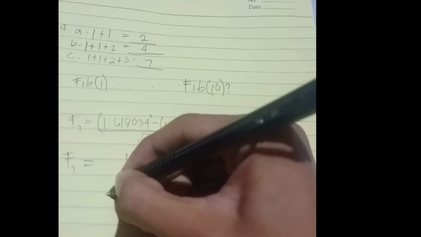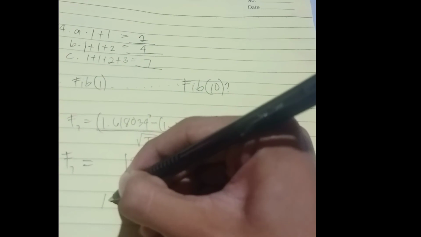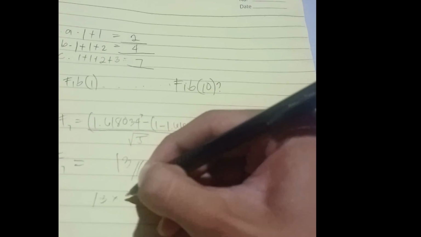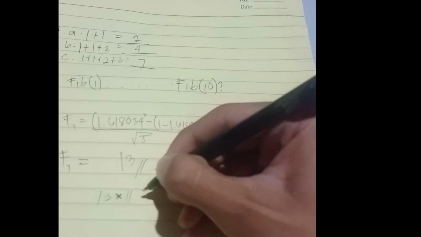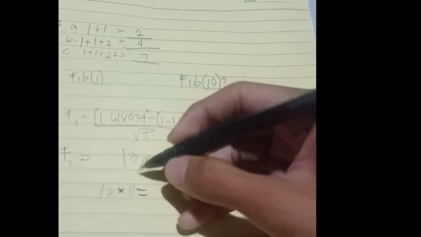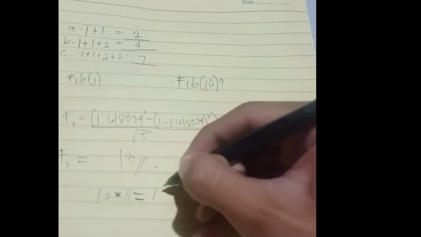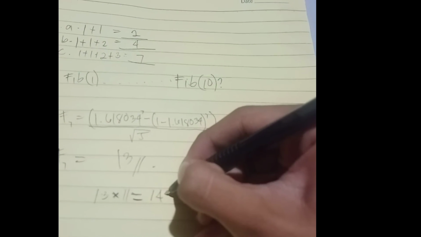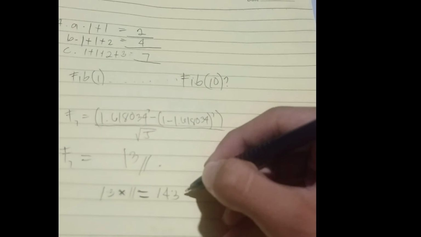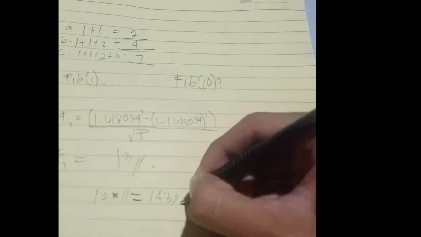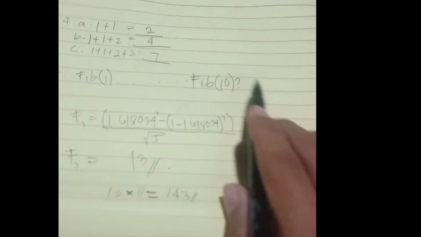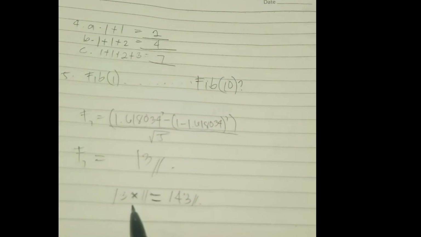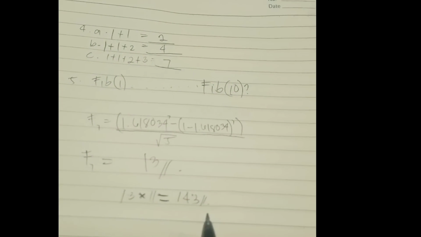So 13 times 11 equals 143. So the answer from fib 1 to fib 10, the value of it, is 143.